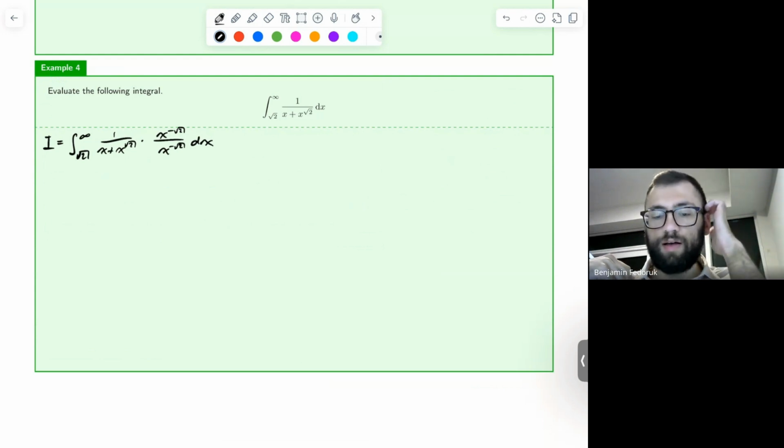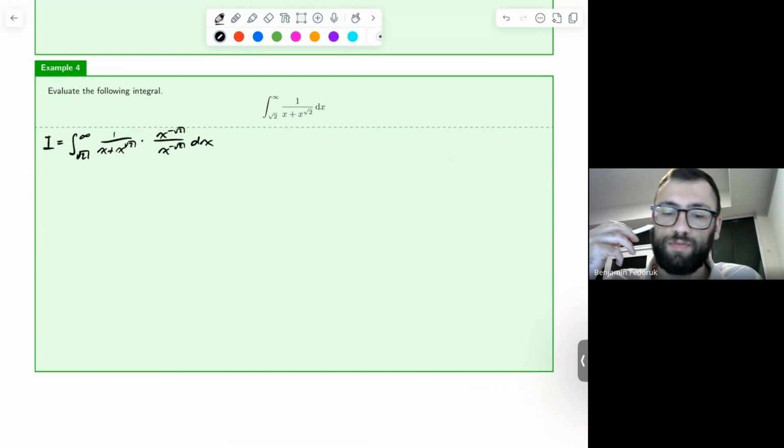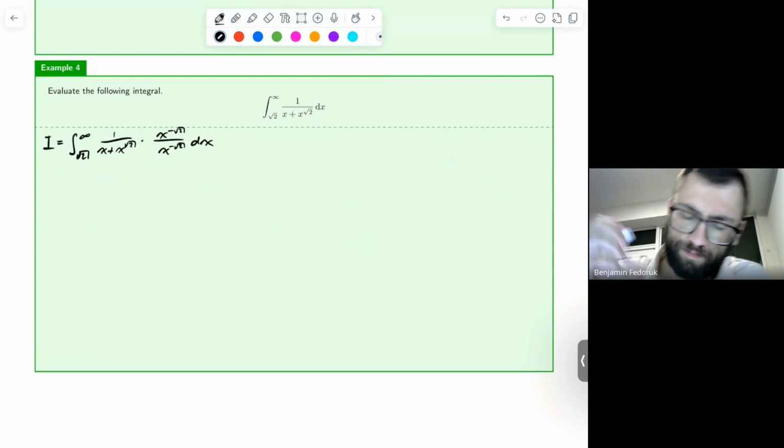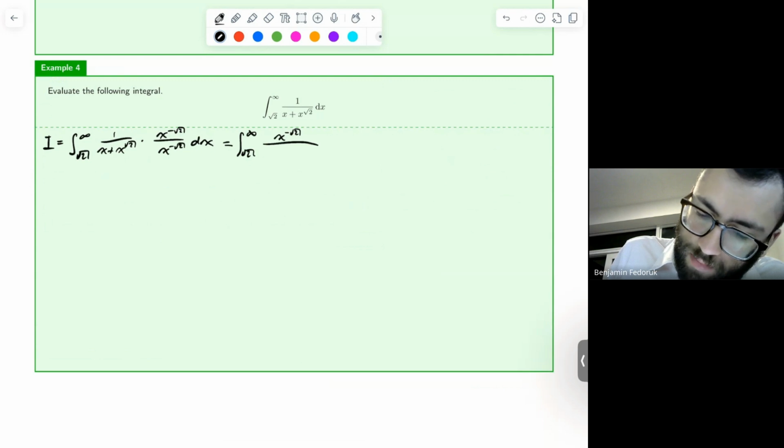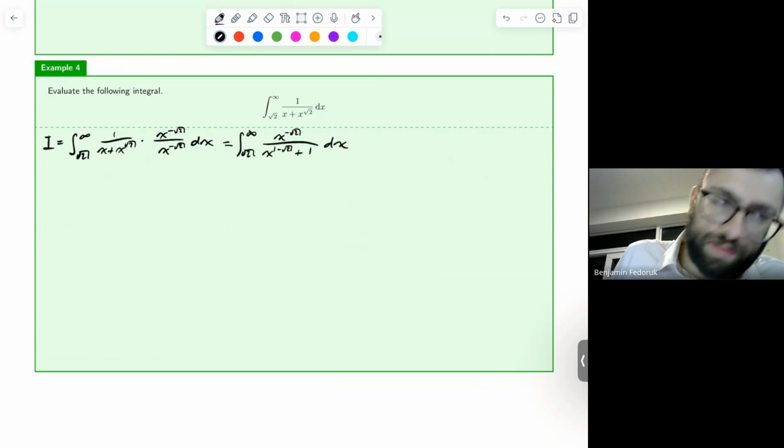And I'm allowed to do this as well because that term is never going to be 0 over 0. We don't have to worry about that. So I can expand this product here. We'll get x to the minus root 2 on the top. And the bottom, we'll get x to the 1 minus root 2 plus 1 dx.